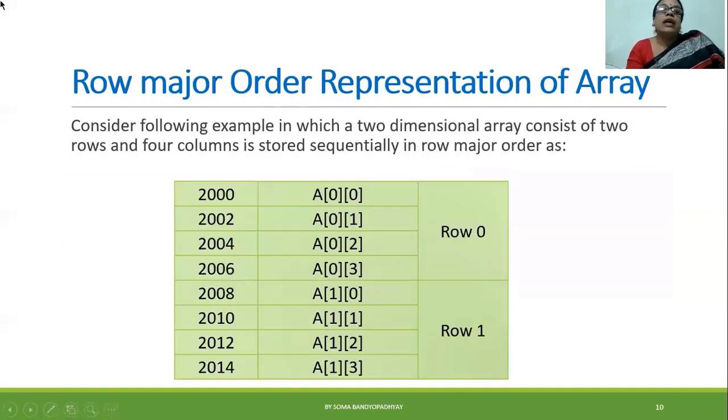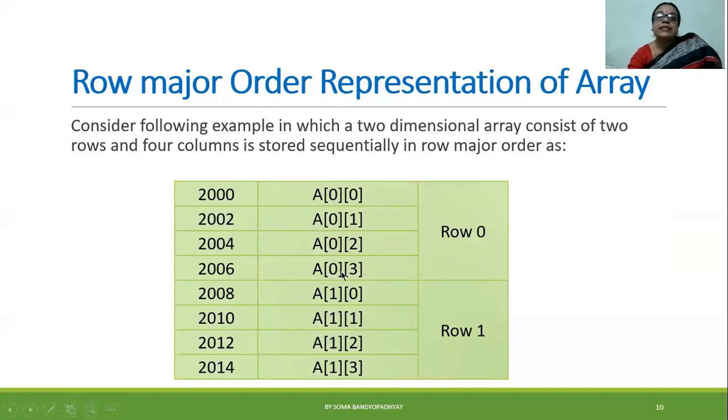So now, if we consider the following example, in case of row major order representation of an array, we can say that the two-dimensional array consisting of 2 rows and 4 columns is stored sequentially in row major order in this example. So A00 is located at 2000 location, the A01 element is located in 2002 memory location, the A02 element is stored in memory location 2004.